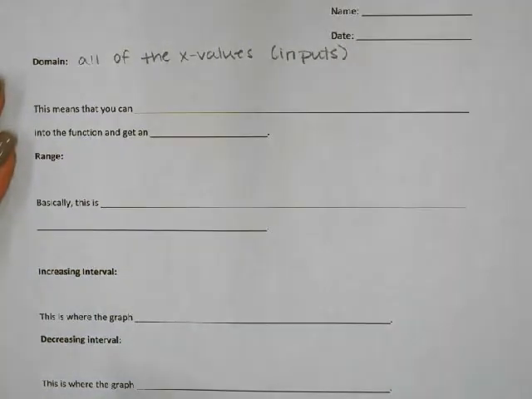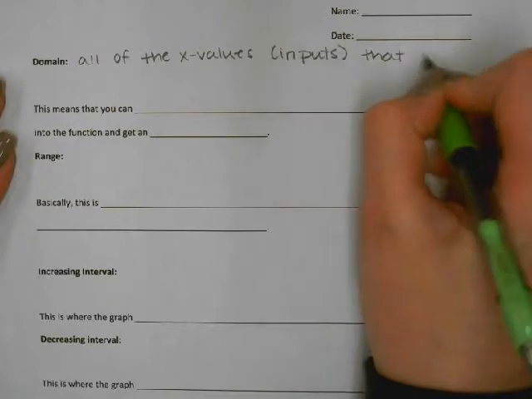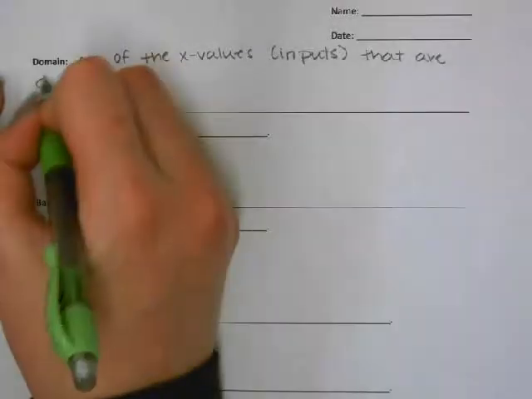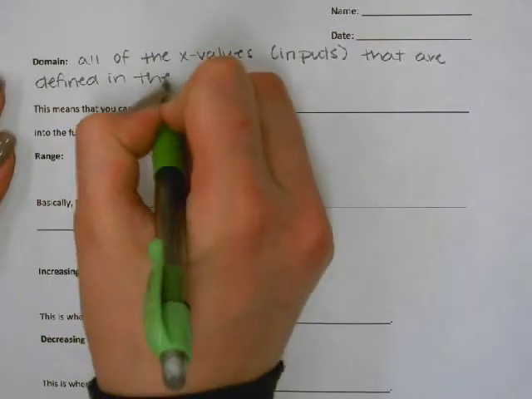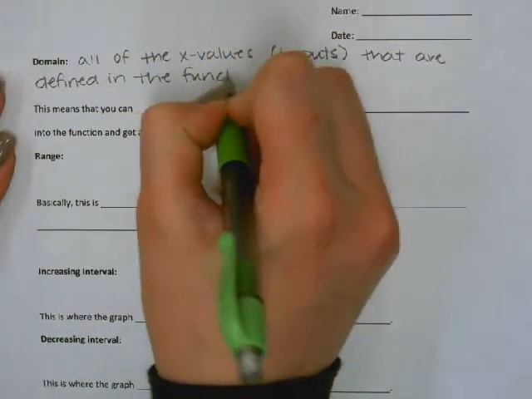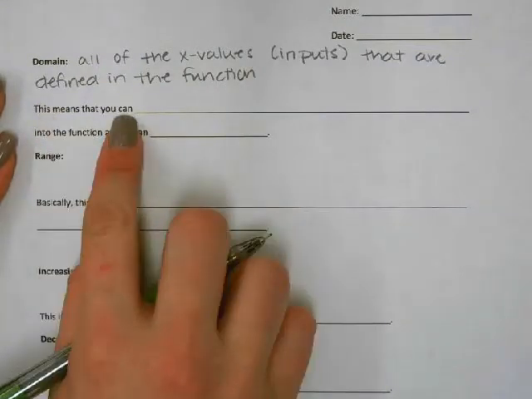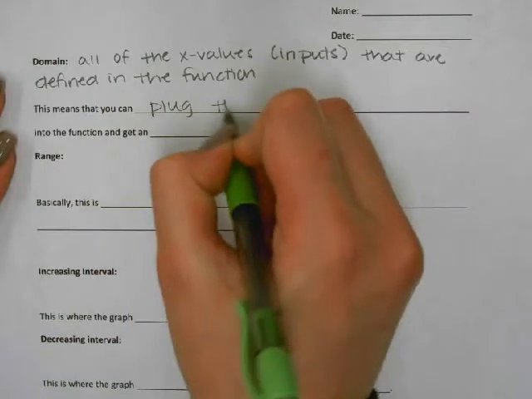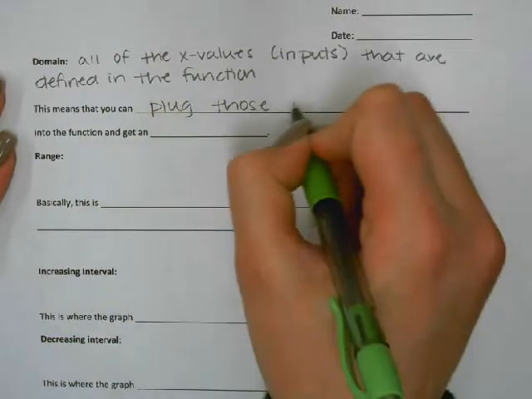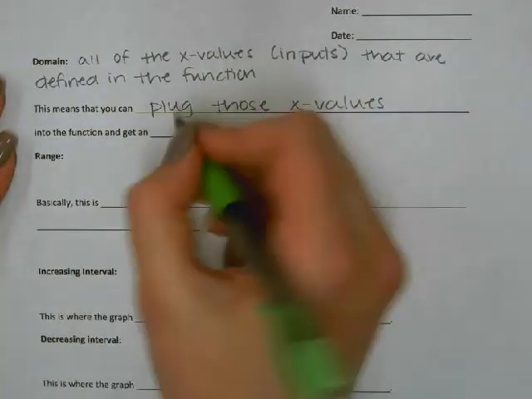So this is all of the x values or inputs that are defined in the function. So what I mean by defined in the function is that you can plug those x values into the function and get an answer.